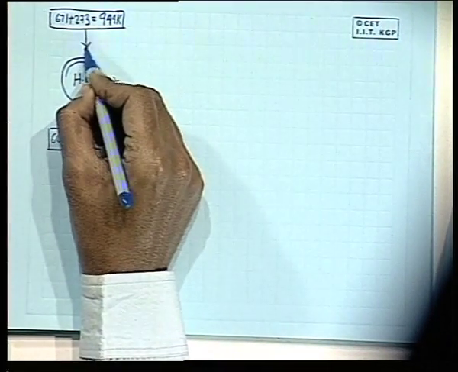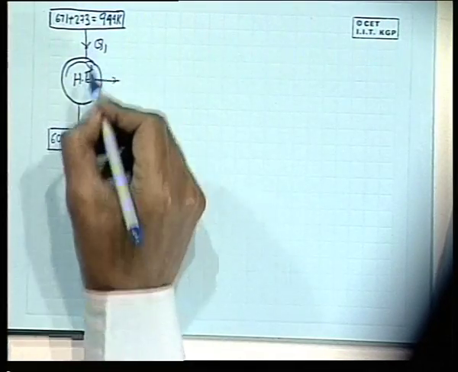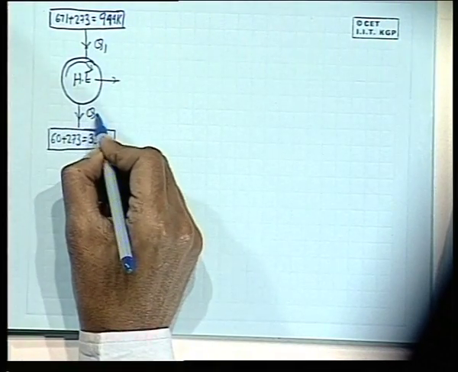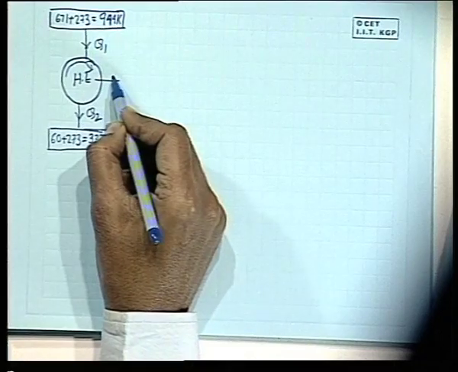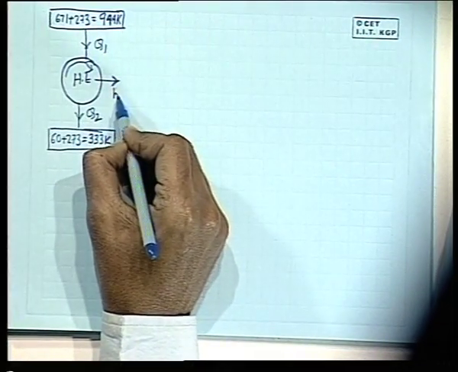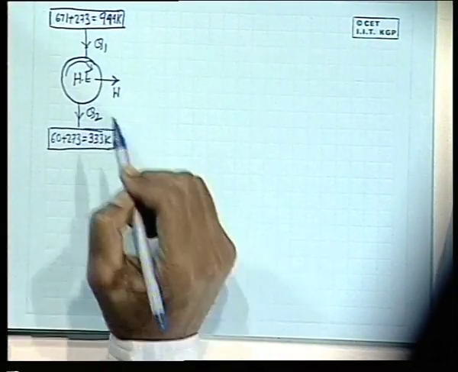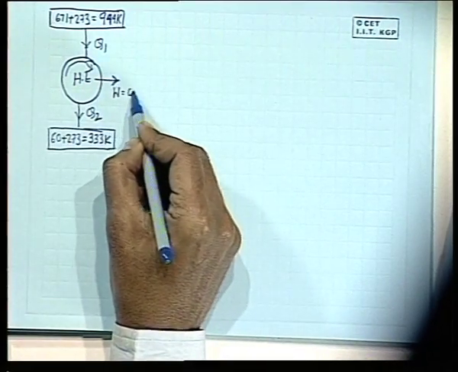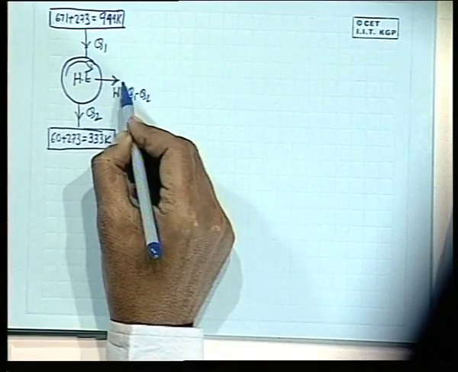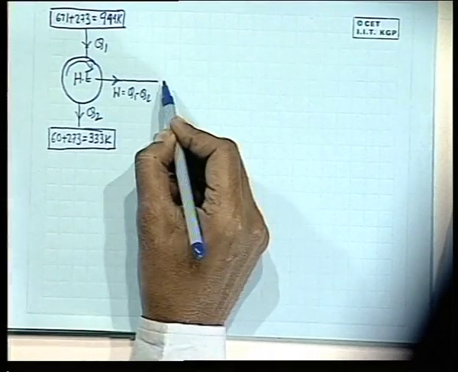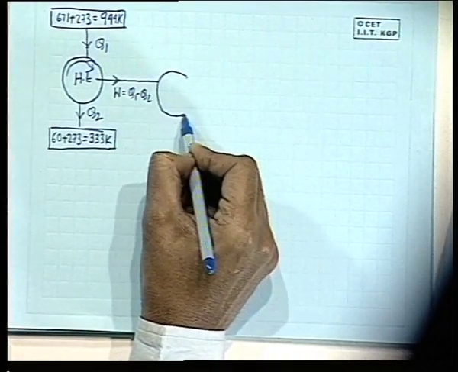Now, this is the heat input Q1. Let the heat rejected out of the engine be Q2. So, W is delivered, which is equal to Q1 minus Q2. But this drives a heat pump, that is the problem.